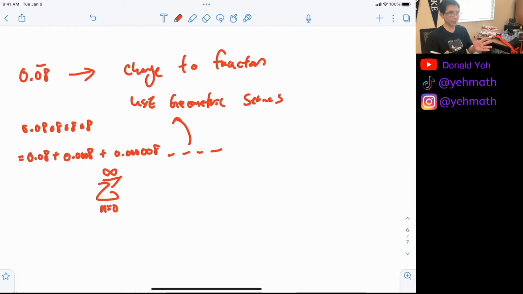What would the a times r to the n be? Remember, it's a times r to the n. You can show n equal to 0, you can show n equal to 1.